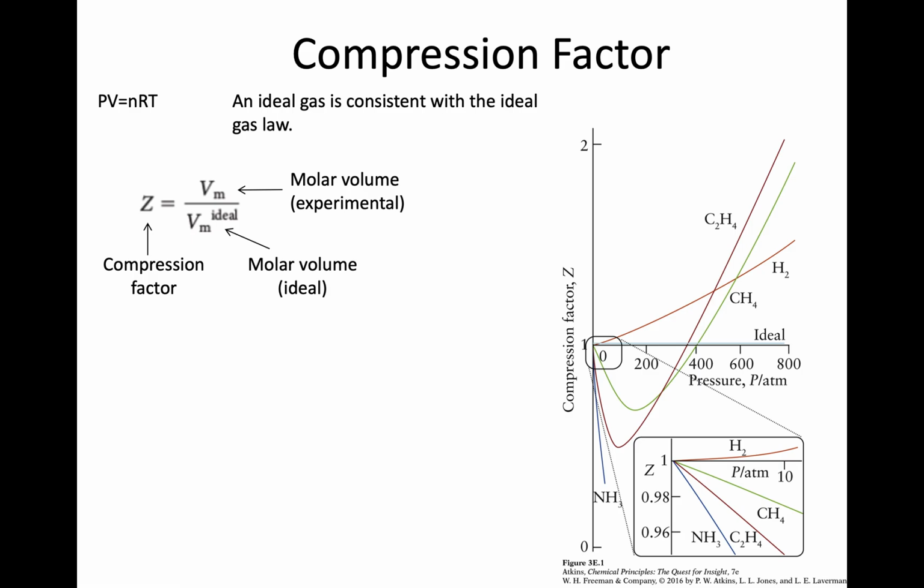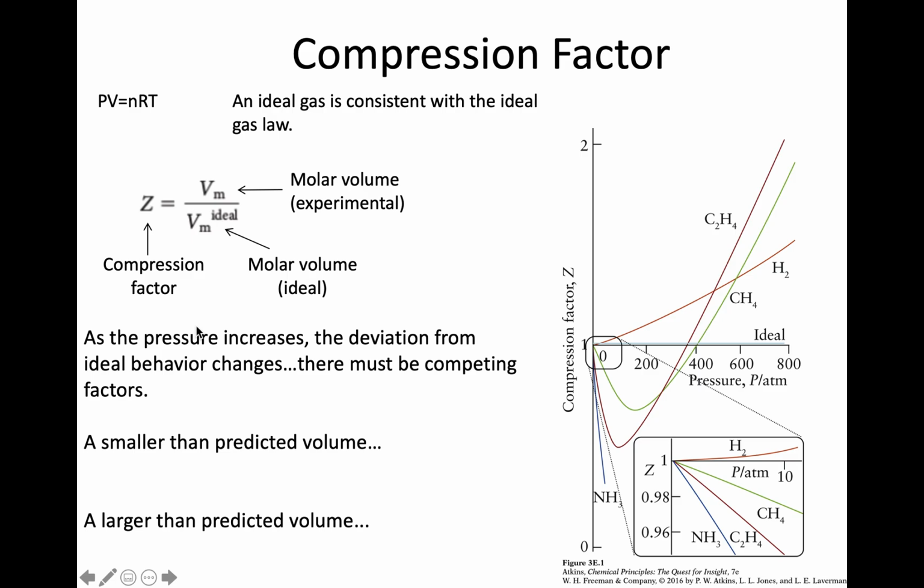So if you put in your different conditions within PV equals nRT, let's do it for 1 mole, you have a particular temperature, particular pressure. Imagine that you have a box like that. And you say, okay, what is the volume supposed to be based on the ideal gas law? Okay, what is the volume when we actually experimentally measure it? That's what we're looking at with our compression factor.